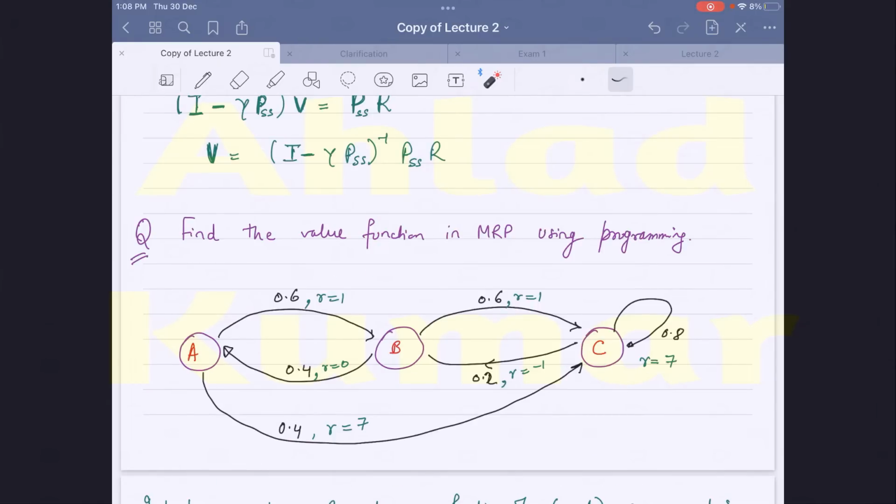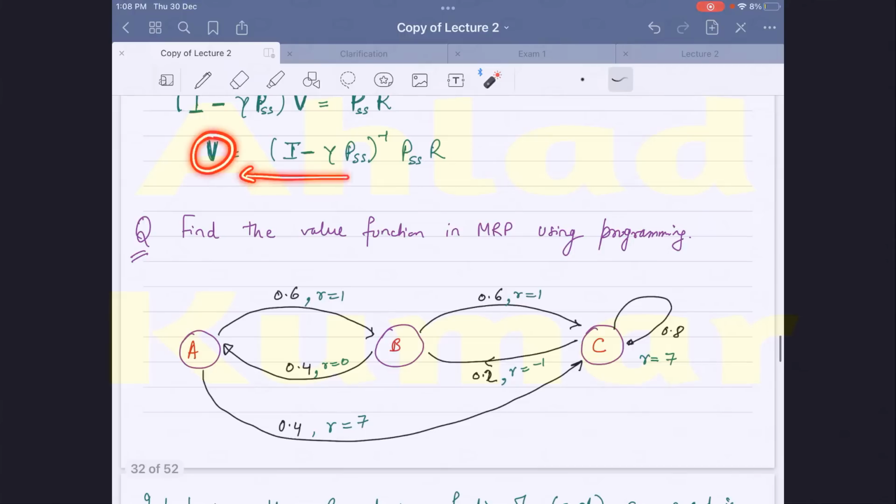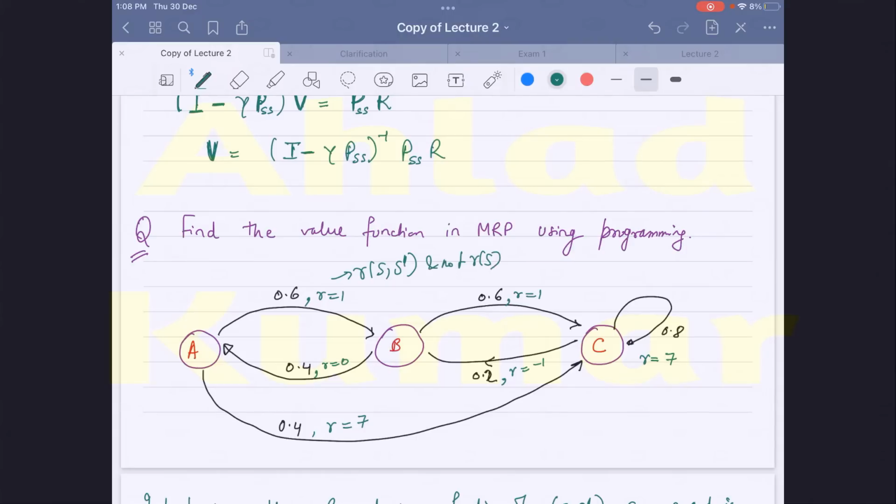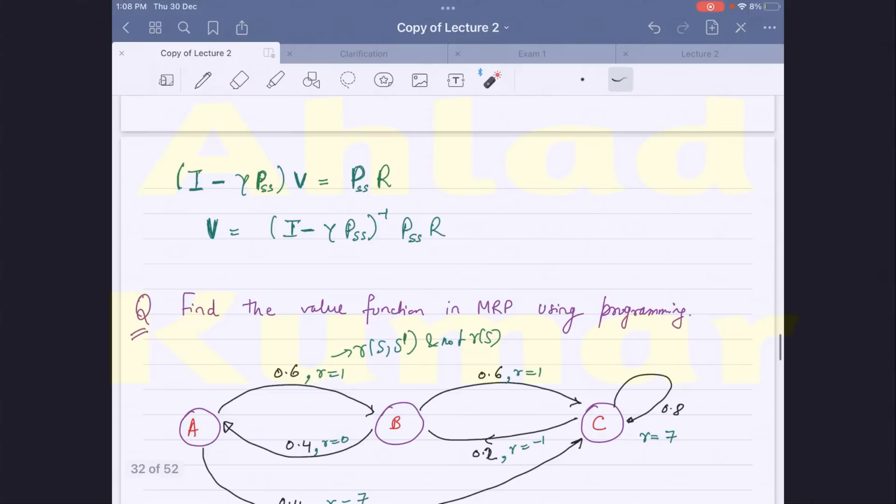So let us calculate the value function which we have defined over here for this particular example in Google Colab. And note that here the rewards are the rewards which are denoted by R of S, S prime, and not R of S, because there will be a difference in the representation in matrix form once we go for R of S rather than going for R of S, S prime.